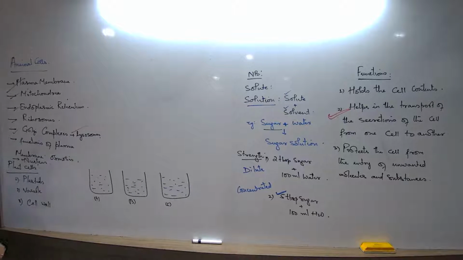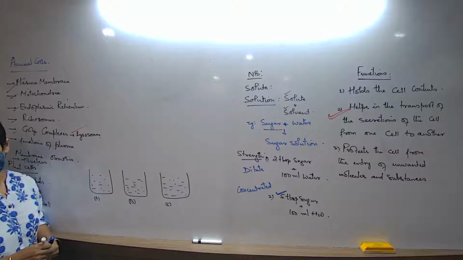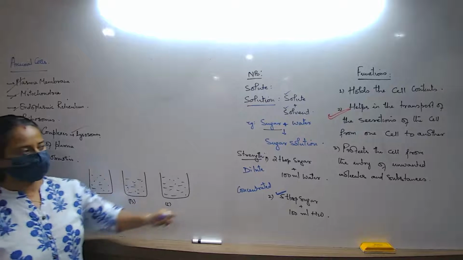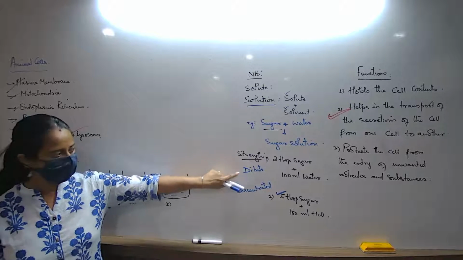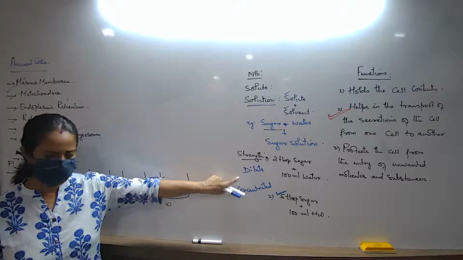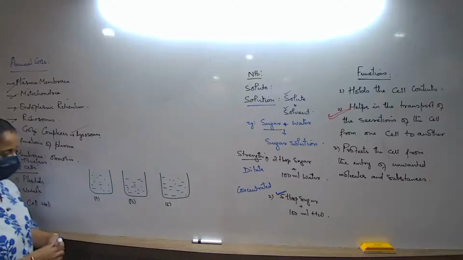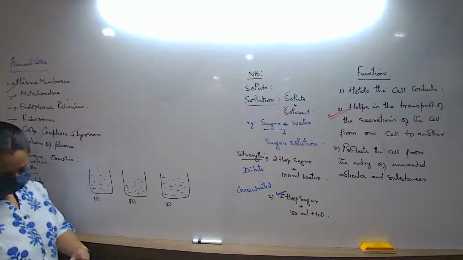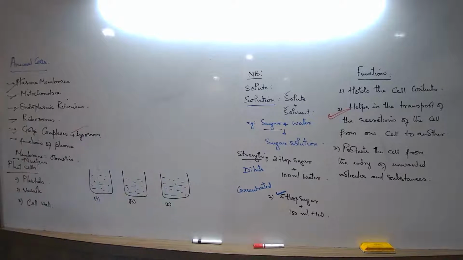We took a solution here. We don't know the strength of the solution. What do you understand by the word strength? Whether the solution is dilute or concentrated. We don't know. But we are asked to add some cells here. We have taken some cells.